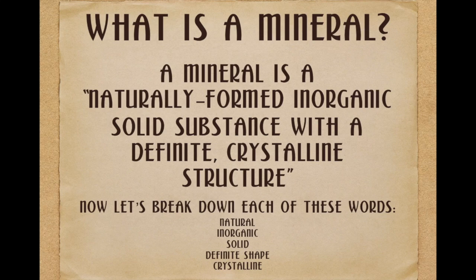Another way in which crystals can form is from the cooling of magma. If magma cools very quickly, and we'll talk about this when we learn about the rock cycle, there probably will not be crystals. But the slower, and this is very important, the slower magma cools, the more crystals grow and form.